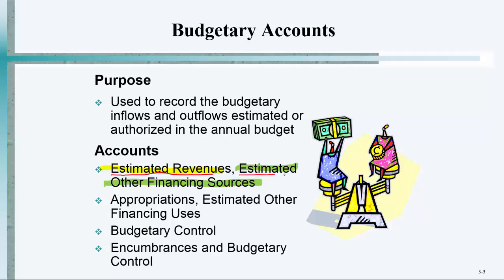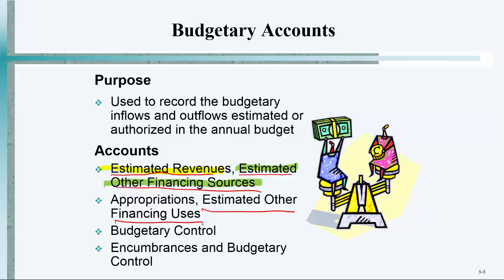They take the estimated other financing sources: any transfers in, any bond proceeds they're thinking of having. These are estimates before the year starts, right? Then they also estimate the other financing uses, the amounts going out, the transfers out.